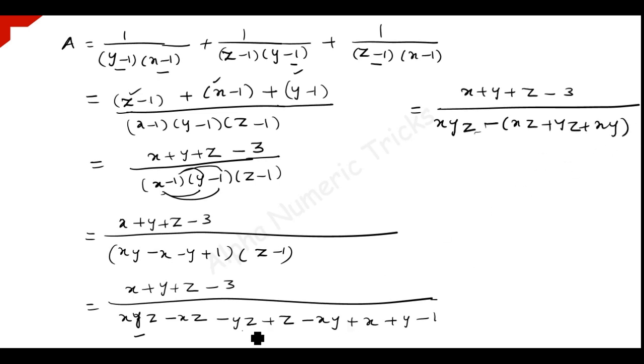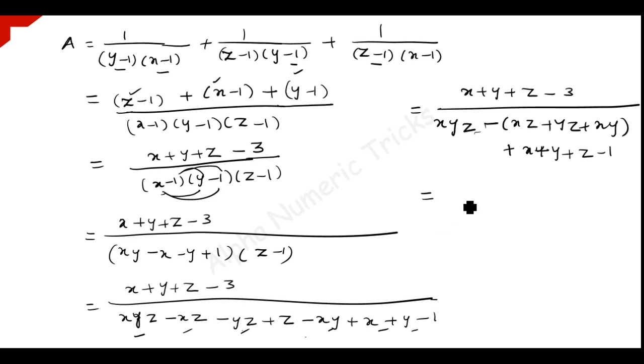We consider these terms, and the left out term here is x plus y plus z minus 1. So plus x plus y plus z minus 1. This is the term we have in the denominator.